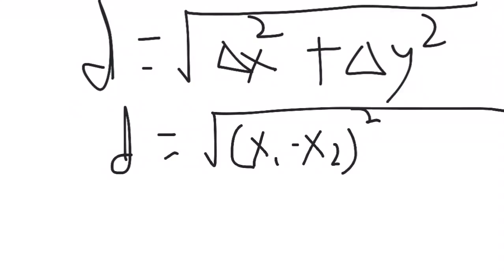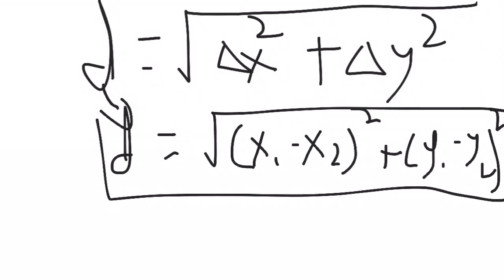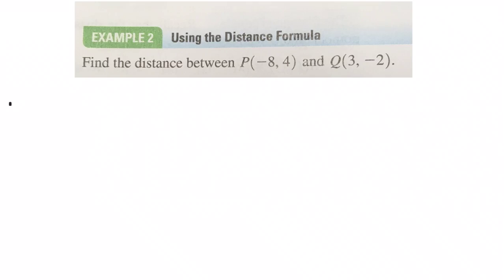Since we're squaring it, that automatically makes it positive, so we don't need the absolute value. Likewise for delta y. All we did from here to here is substitute delta x with x1 minus x2 and delta y with y1 minus y2. This formula right here is the distance formula that we use to find the distance between 2 points on the coordinate plane.